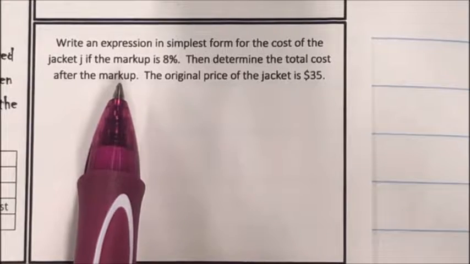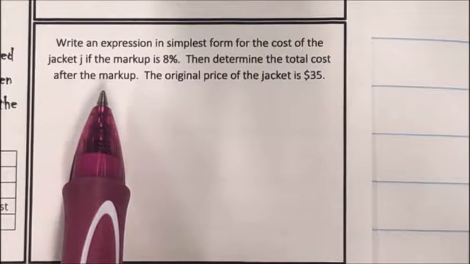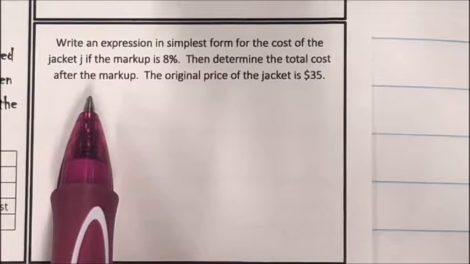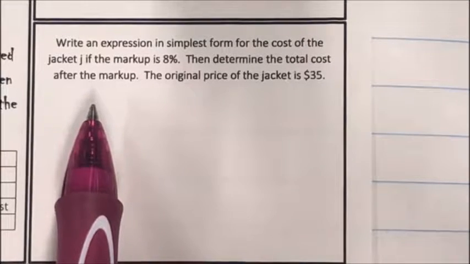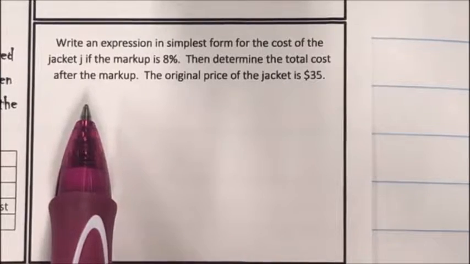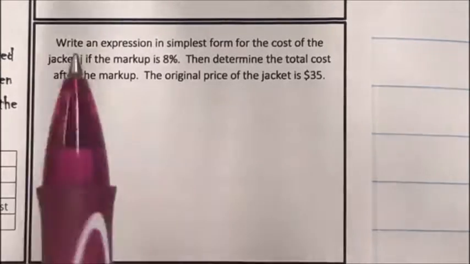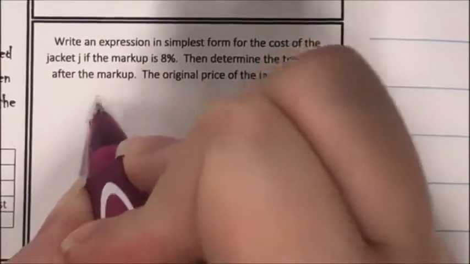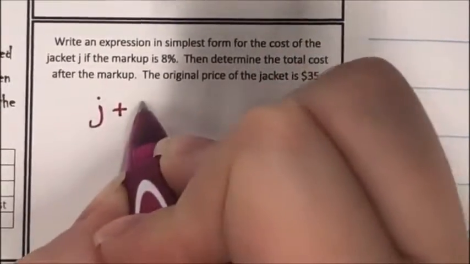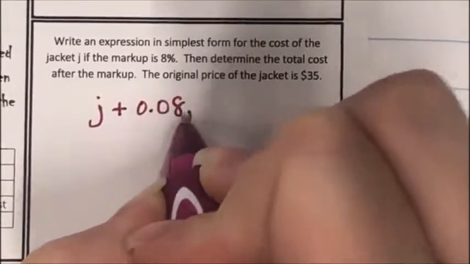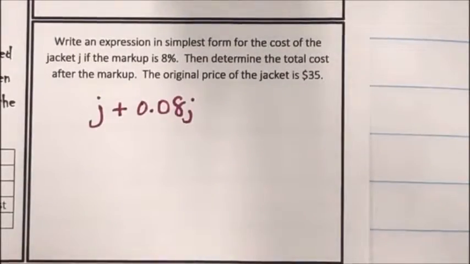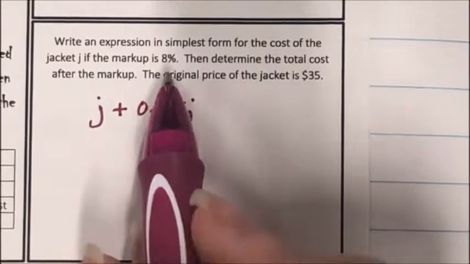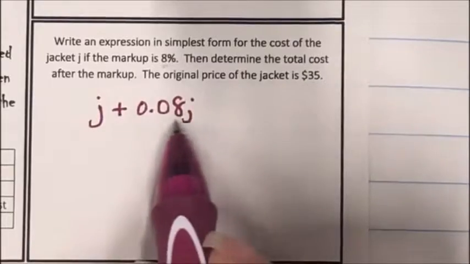Number 3 says write an expression in simplest form for the cost of the jacket J if the markup is 8%. Then determine the total cost after the markup. The original price of the jacket is $35. So I have the original cost of the jacket plus the 8% markup of the jacket. So that's my expression: J plus 0.08J, that's where the 8% comes from.